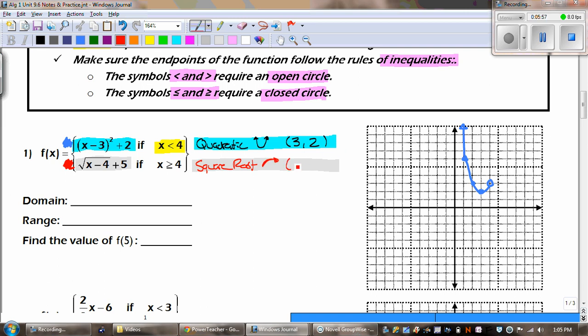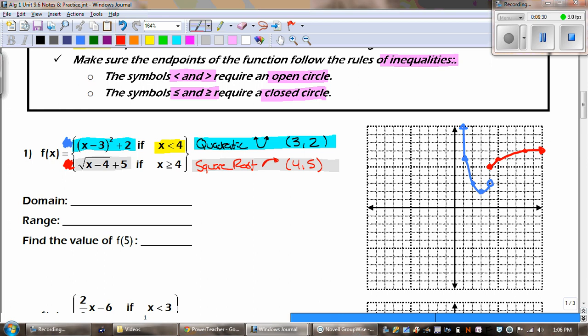And our initial point is 4, 5. So at 4, 5, that's where we start. Then I go up 1, right 1, up 1, right 3. And there we go.